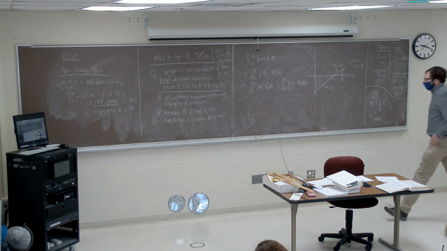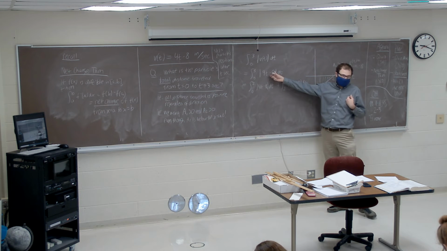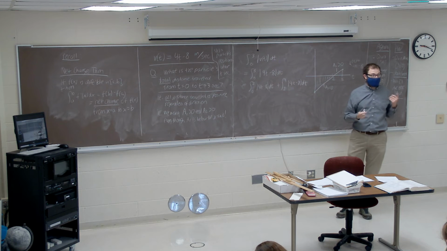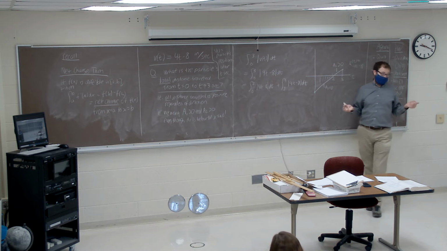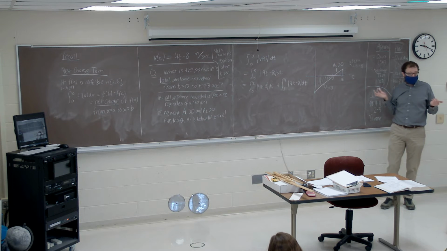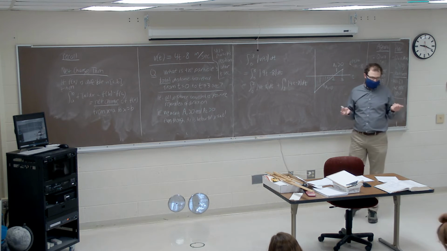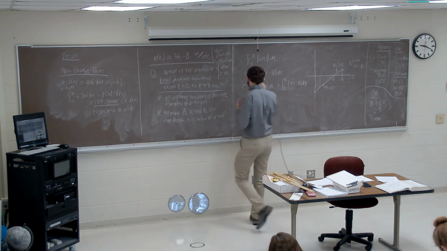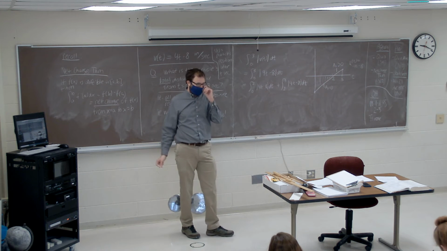Basically saying, instead of taking the full area from t equals 0 to t equals 3 under this function, we could take our area from 0 to 2 and add on our area from 2 to 3. That should give us our total area under the curve from t equals 0 to t equals 3.